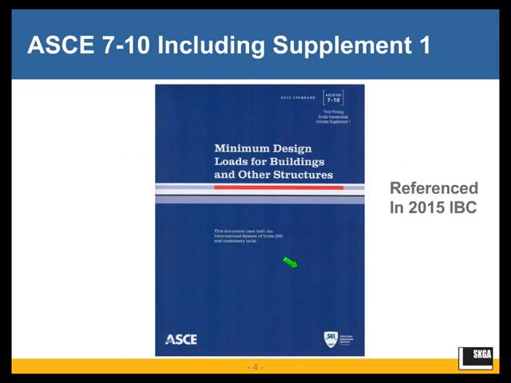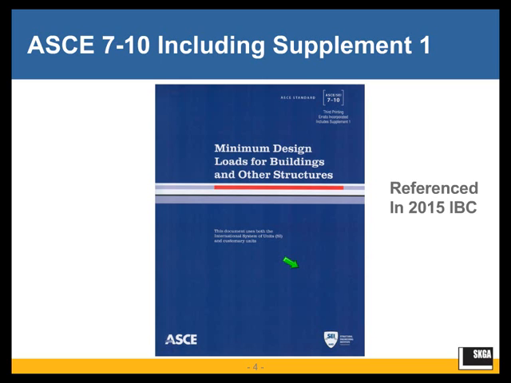The first and probably the most important thing I want to tell you is that the standard on minimum design loads, ASCE 7, the 2010 edition of ASCE 7, ASCE 710, was the reference standard in the 2012 IBC.